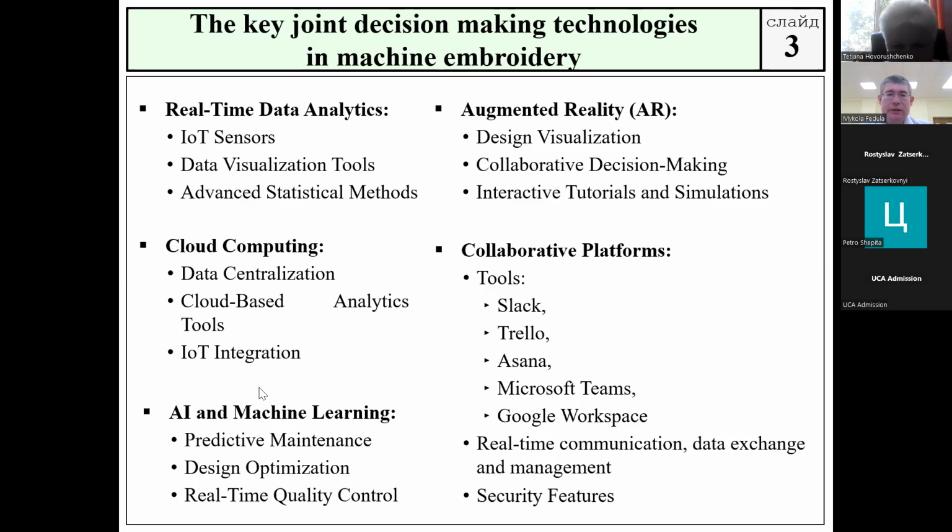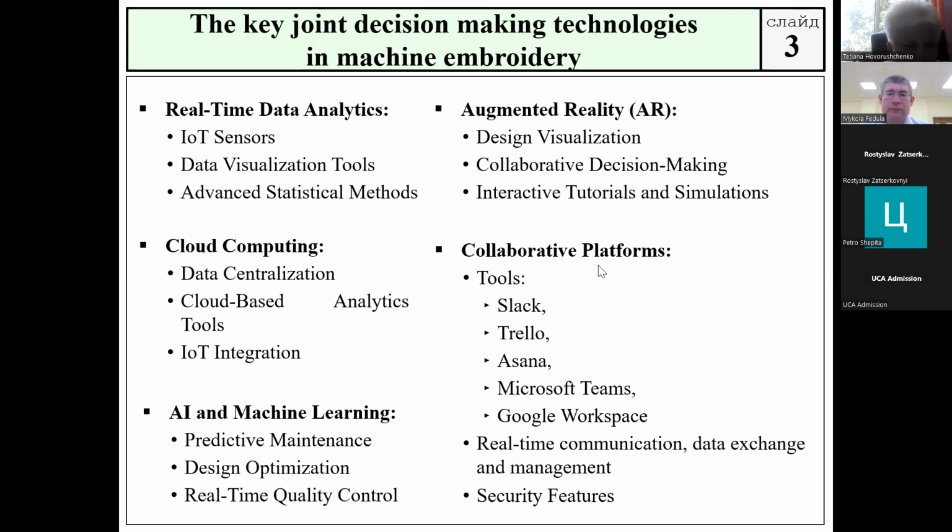AI and machine learning are the next: predictive maintenance, design optimization, real-time quality control. Augmented reality is designed for design visualization, collaborative decision-making, interactive tutorials, and simulations.